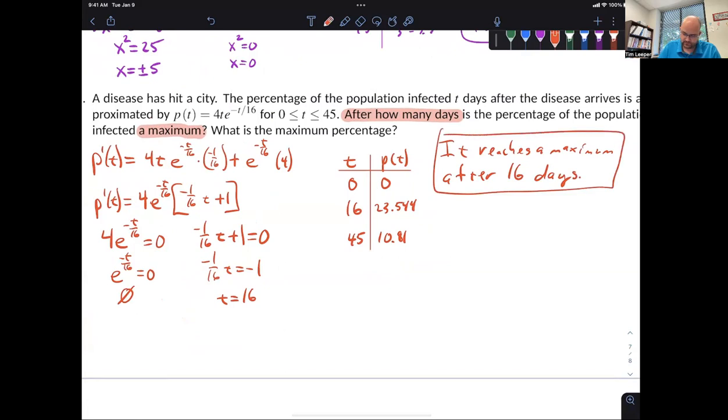That's the first question. The second question is, what is the maximum percentage? That comes from this number right here, which is 23.544. So the maximum is 23, and specifically, I'm just going to go to one decimal place, so 23.5%.